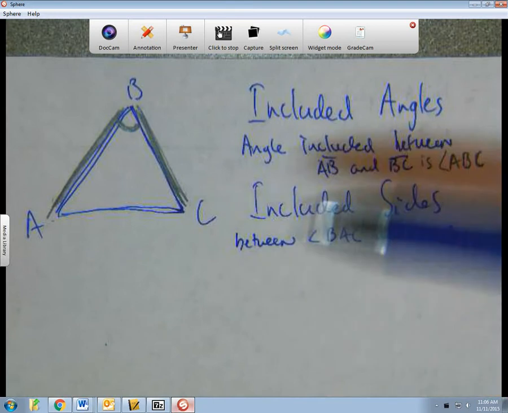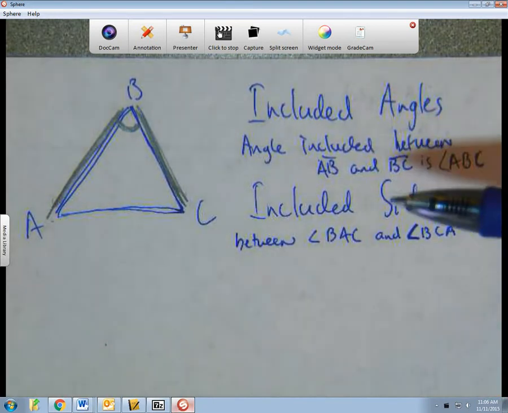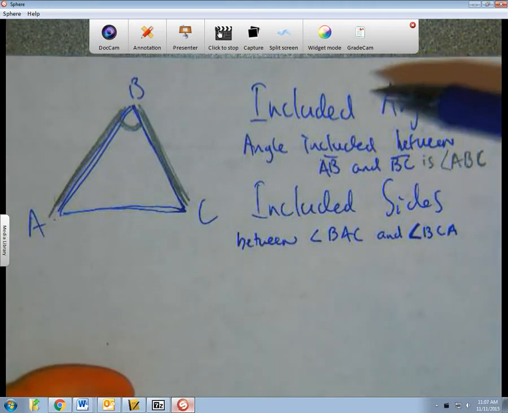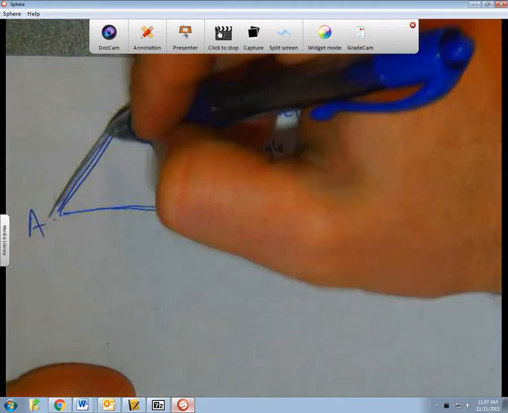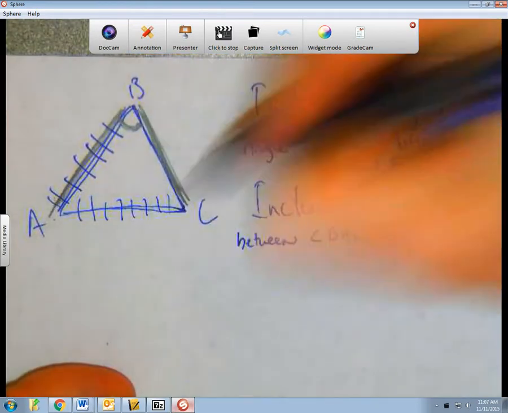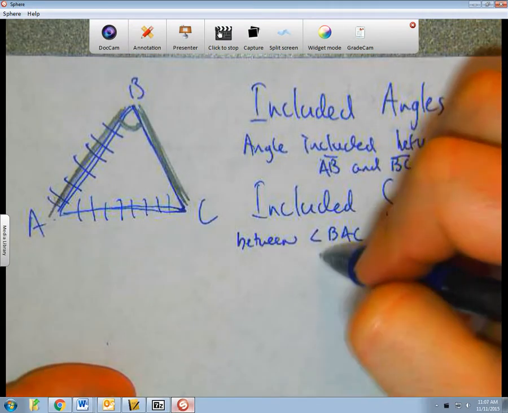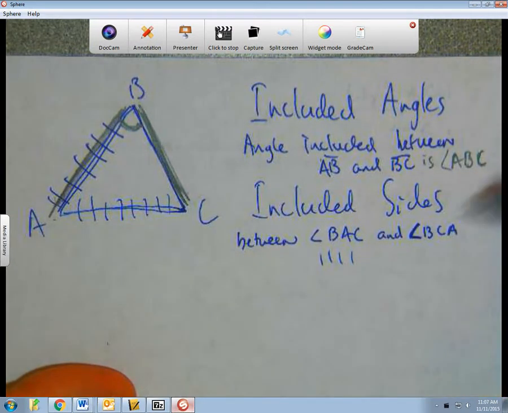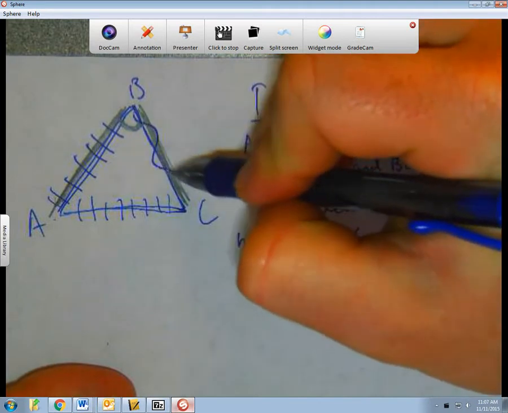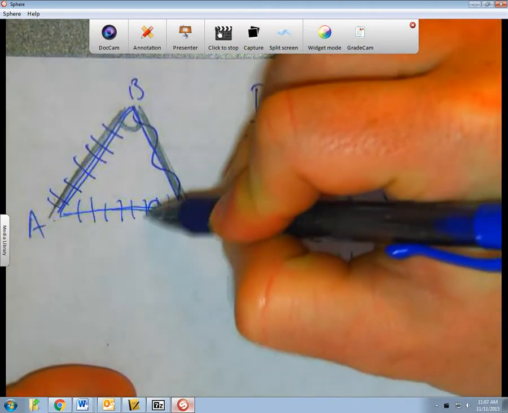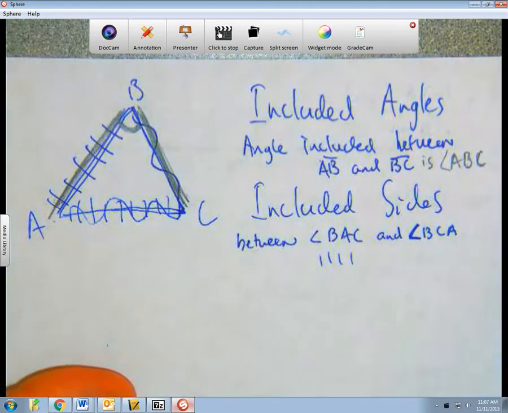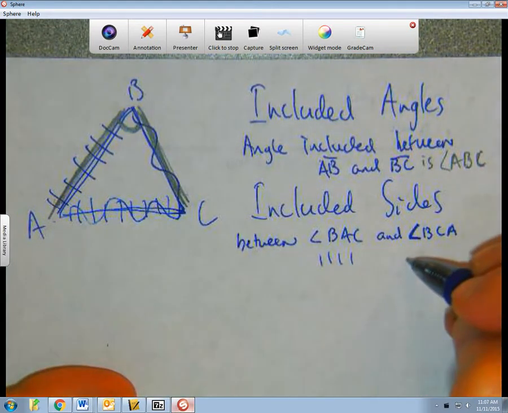Just start with what you know, and then there's a whole bunch of problem solving strategies you can use to sort stuff out. BAC is right here. This guy. Alright. BCA is right there.